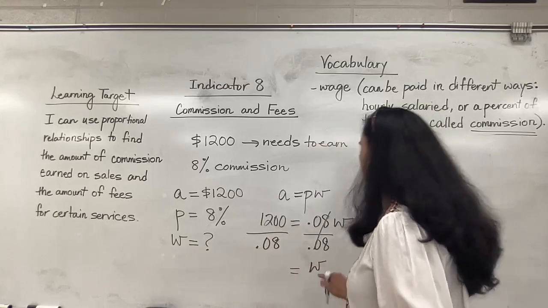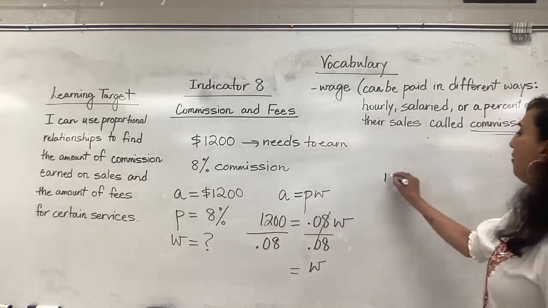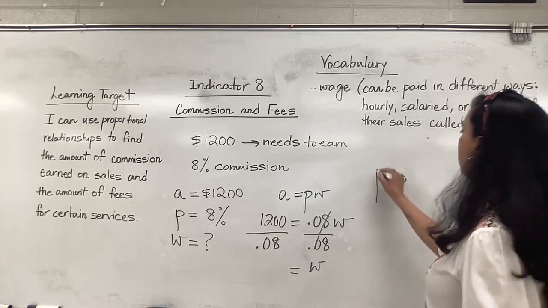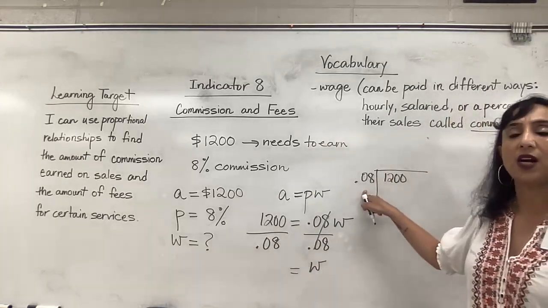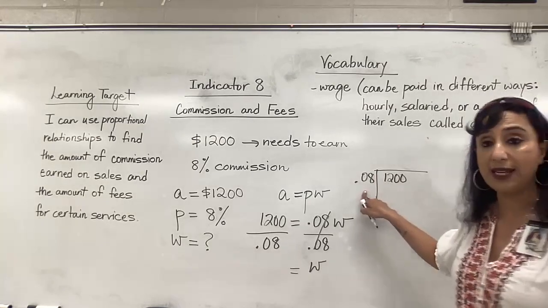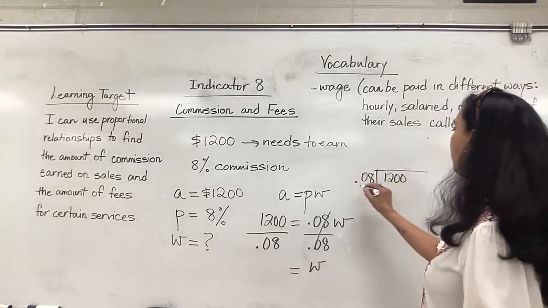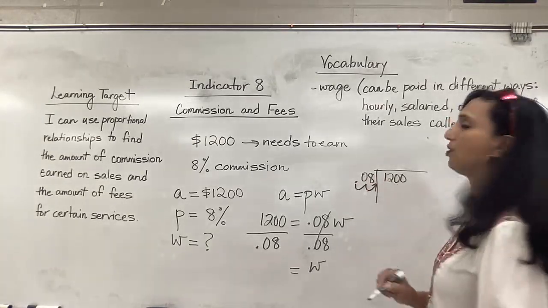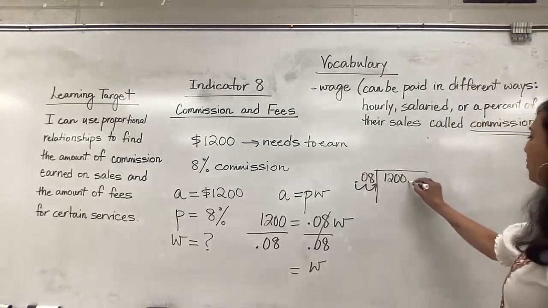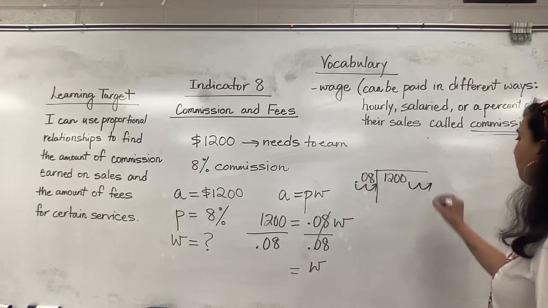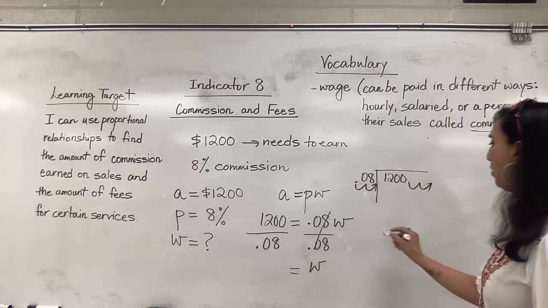So what I should have is 1,200 divided by 0.08. Remember the divisor cannot have a decimal, so I have got to get rid of the decimal. I move it 2 places to the right. And whatever I do to this, I'll have to do the same thing to the dividend. And so I'm going to annex my zeros.